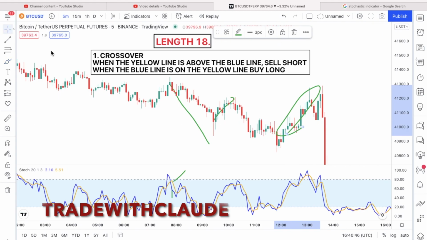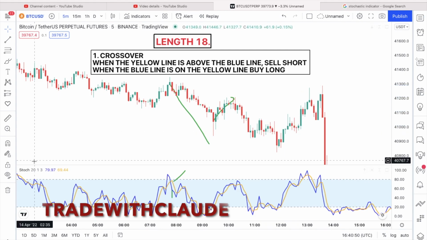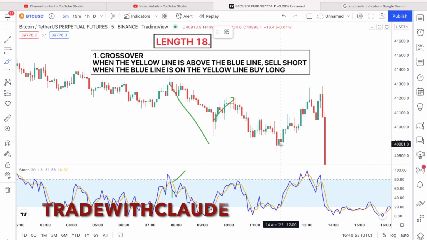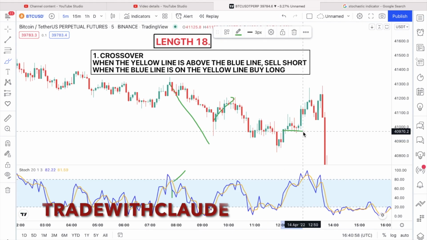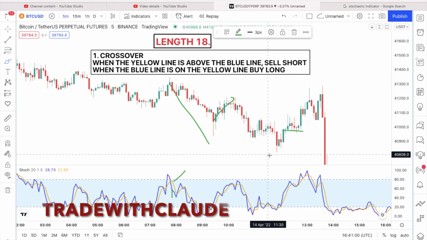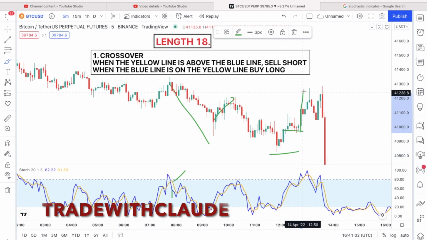Let me show you what I will do if I see this happen in a chart. After I get my entry confirmation here, this is a bullish close, so this is my entry. My stop loss will be here, and I'll be looking to make something like this or like this.